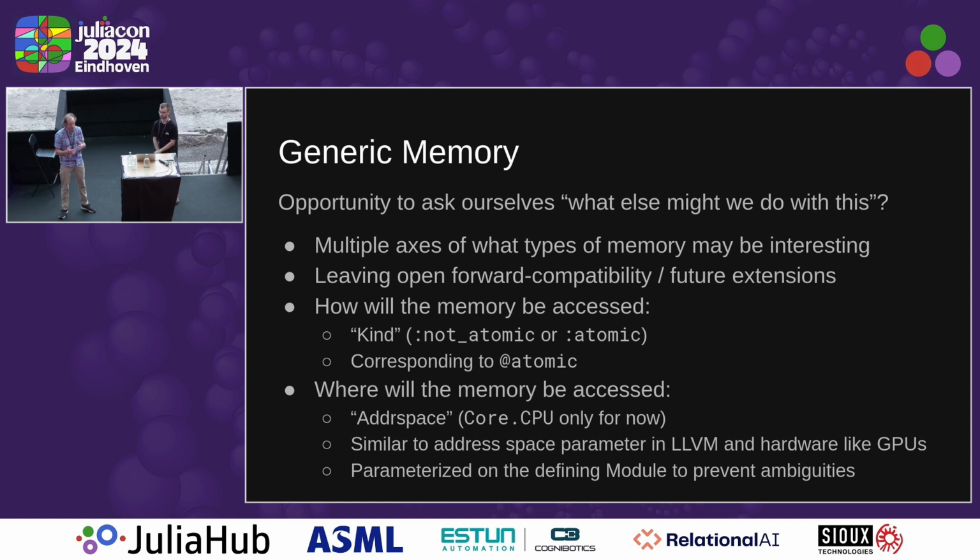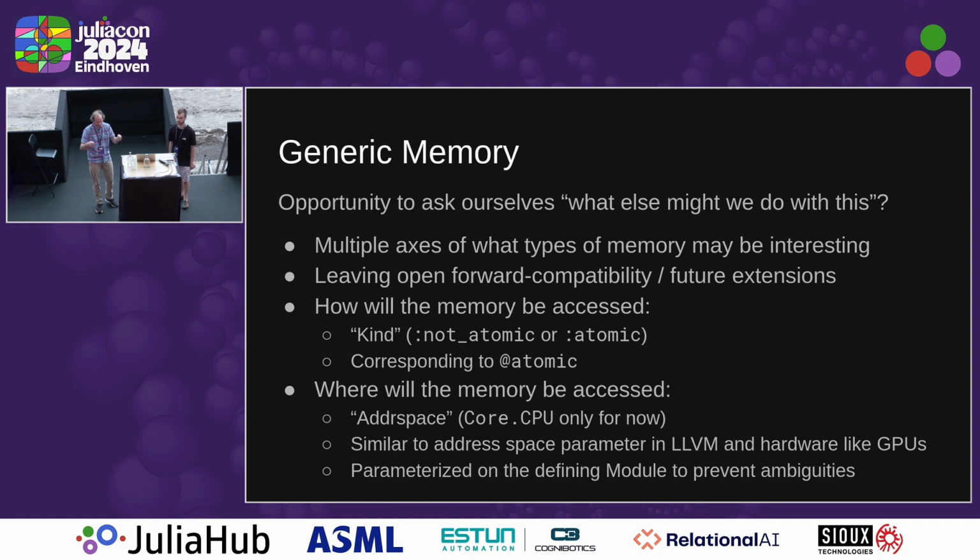And so we're hoping they'll be able to use the built-in memory support now to generate the code that they want on the GPU using all of the existing generic infrastructure that we have. And that's parameterized by module as well. So you can create code and say, like, this is a memory that I specifically want to use with the CUDA package versus memory that you want to use with the AMD GPU package.